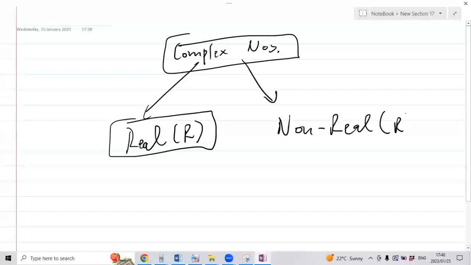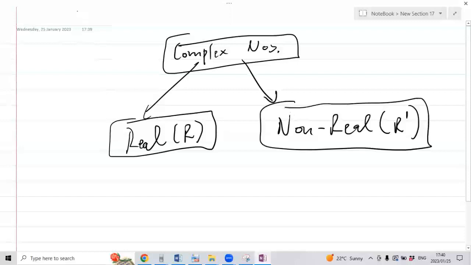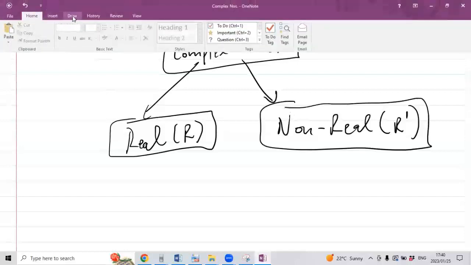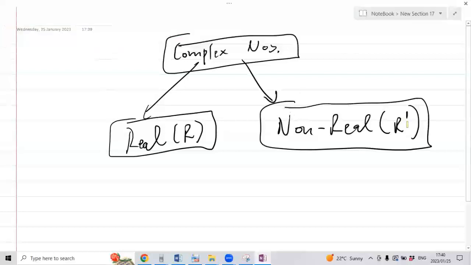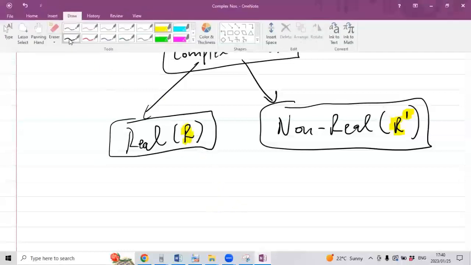See, when I say "not" in maths, this means here, that means not real. The R stands for real. Okay.